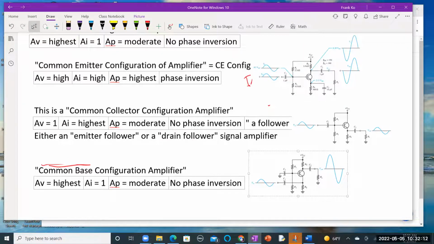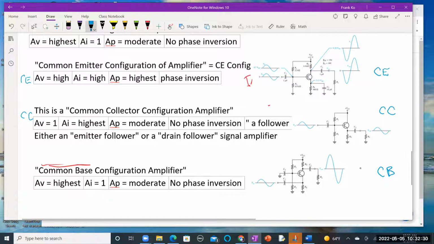And with their descriptors. So what we have here is your CE. What we have here is your CC, configuration common collector. What we have here is your common base configuration, known as CB.